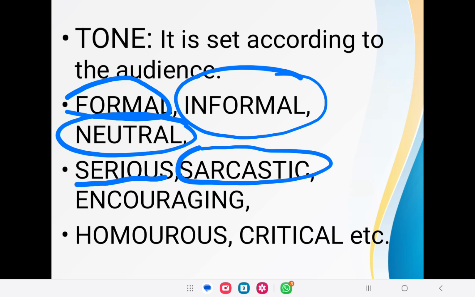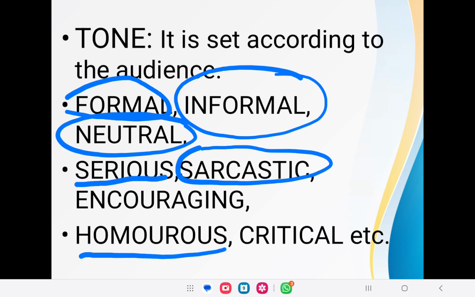Somewhat in a speech you can be sarcastic. Then the next tone is encouraging. So when you are writing an informal letter, or an article, especially to people younger than you, you can adopt an encouraging tone. When you are making speeches, you can adopt an encouraging tone. Your tone can be humorous also.